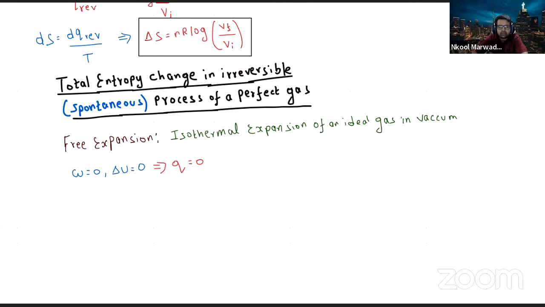What it means is no heat transfer. So in the isothermal expansion of an ideal gas in vacuum, no heat transfer will take place according to the first law. And from the second law of thermodynamics, delta S is related to Q by capital T. Since Q is 0, delta S has to be 0.